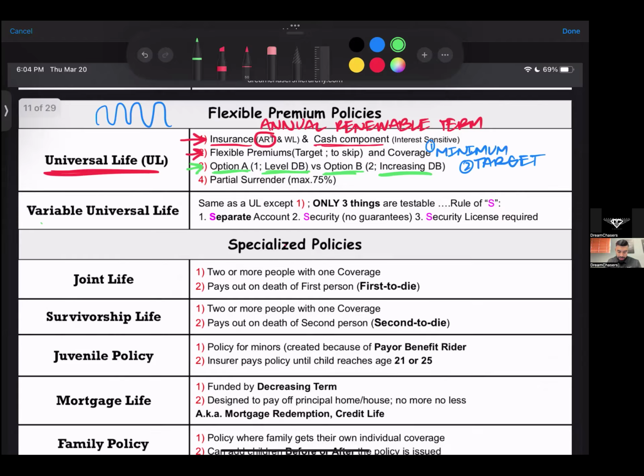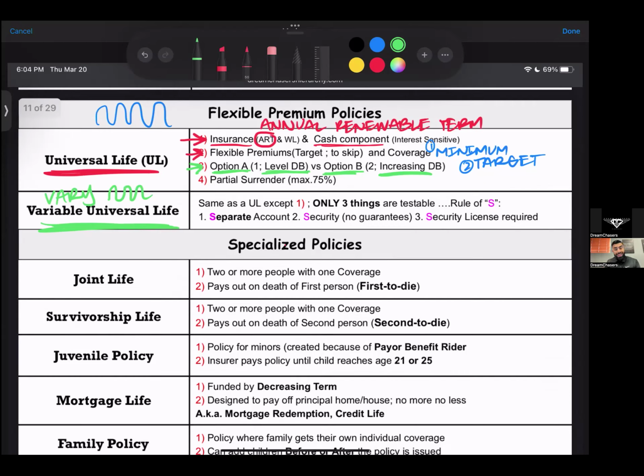Now, next is variable universal life insurance. What they're referring to works the same as universal life. The only thing that's variable, meaning it can vary, which once again means it can go up or down, is the money invested.